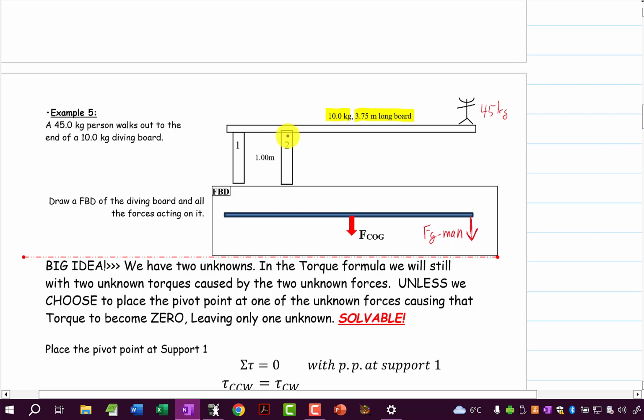Number 2, definitely, I wouldn't want to sit there. I wouldn't want to put my arm underneath there because that board is going to be crushing it. 2 is going to be pushing up.